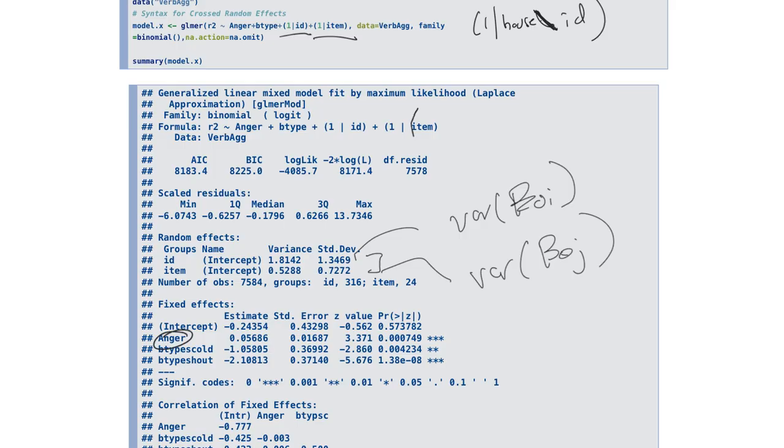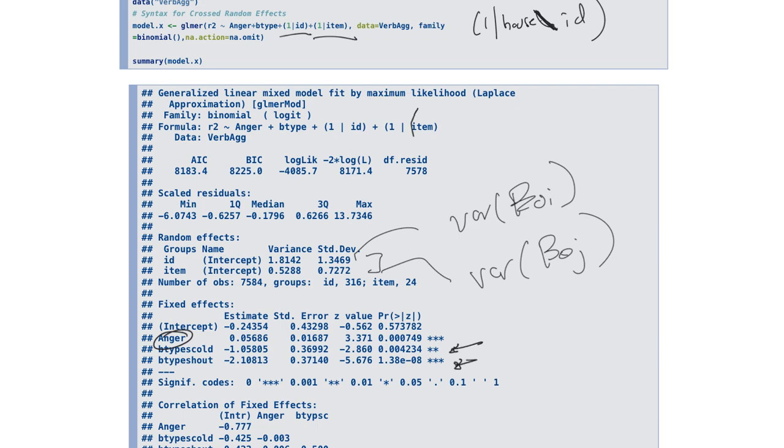And behavior type has 3 levels. One is the behavior type of the person in the stimulus they're given, the image. It's like they're cursing, scolding, or shouting, and cursing is the baseline. So this is the coefficient on the scold dummy variable, and this is the one on the shouting, and they're both comparing.